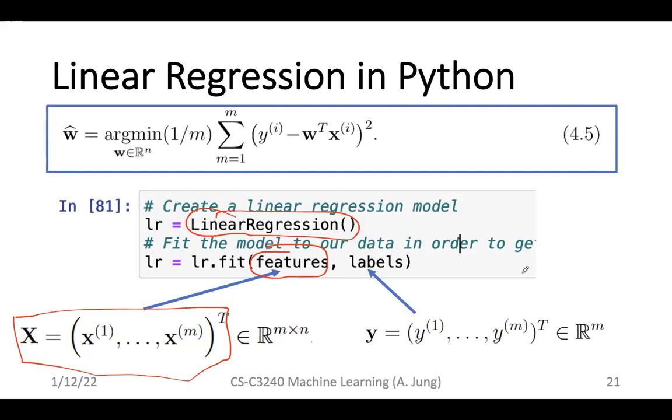The main Python data type to represent matrices or vectors, which are just arrays of numbers, or numeric arrays. Any guesses? NumPy arrays. Yes, NumPy array. Very good. So these features are a NumPy array, the Python variant of a matrix or vector.